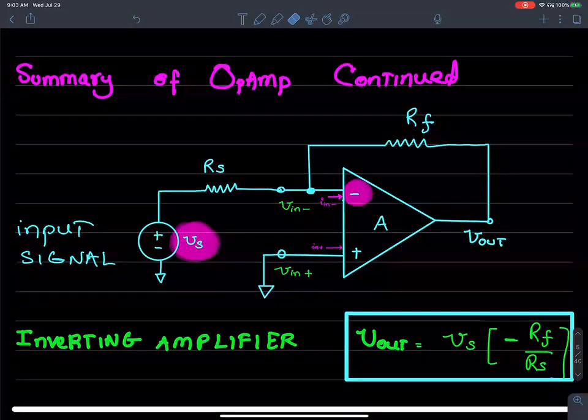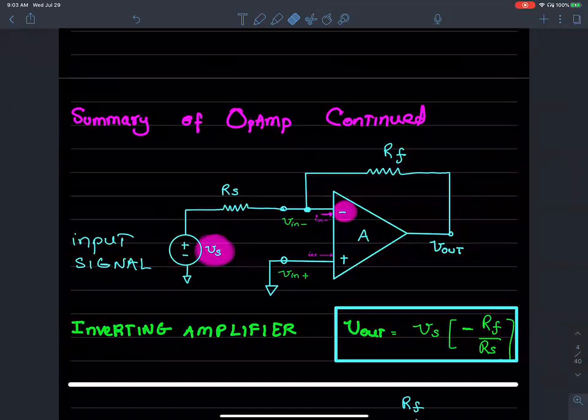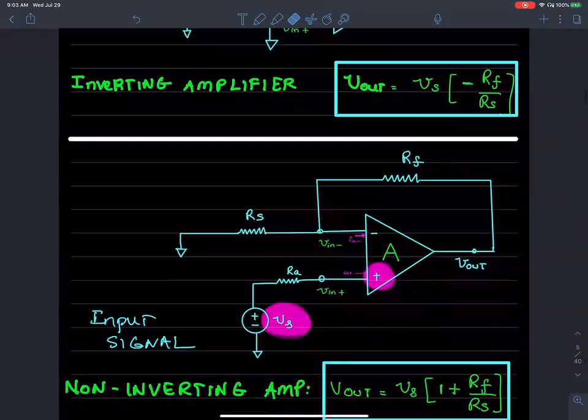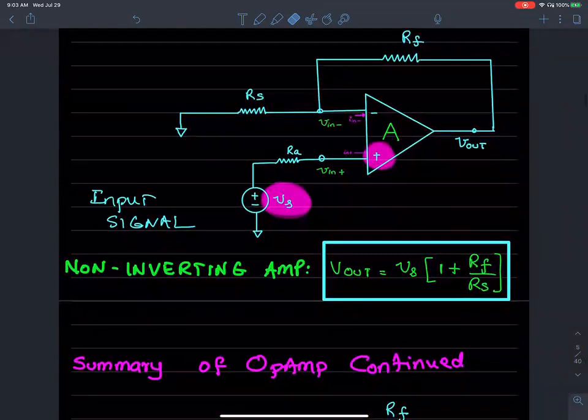That's V out. If you change this configuration slightly, and instead of applying the signal to the negative terminal, what happens if you apply the input signal to the positive terminal? In this case, the output is going to be Vs multiplied by some positive number, or amplified. The V source is applied to the positive terminal over here.